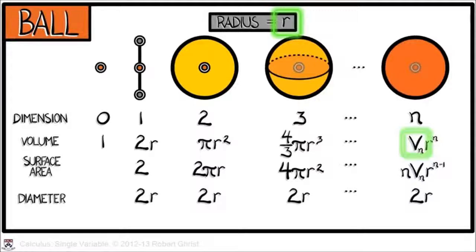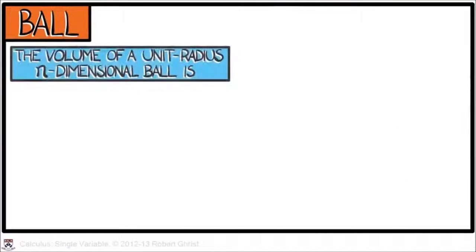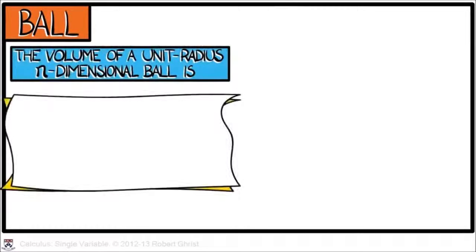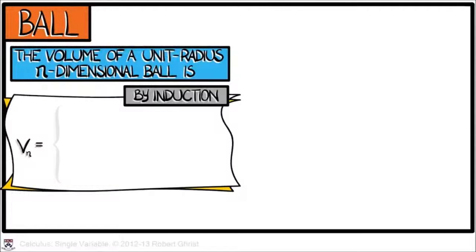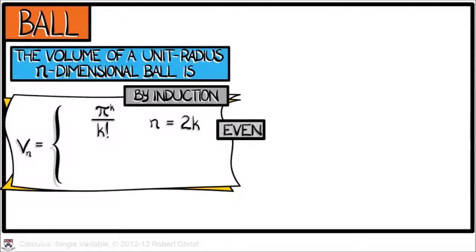Now, let's see if we can figure out what this n-dimensional volume of the unit ball, v sub n, is. Well, we're not going to be able to prove it in here. We'll do it in the bonus lesson. Suffice to say that with some work, one can show that the volume of the n-dimensional ball of radius 1 is, when n is an even number, let's say 2 times k, then the volume is pi to the k over k factorial.